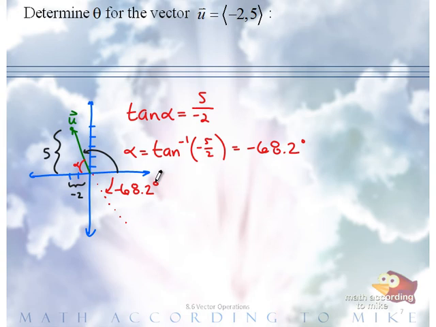Alpha, the reference angle, is really what? 68.2. So the angle we want here, which I didn't really label, I'll call that theta, would be what? Well, how would we get it, I should say? 180 minus? Because we need the supplement.